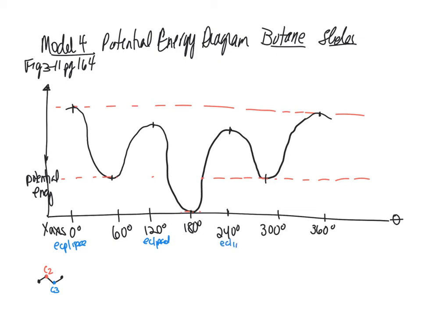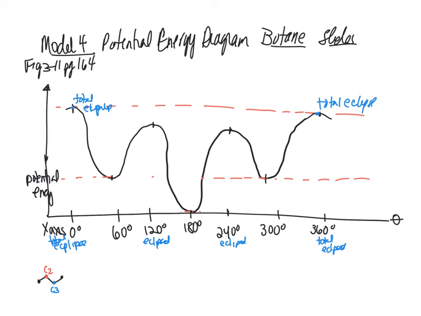Every other one is eclipsed when you rotate it. The highest here is total eclipse, and that means it's the highest energy.